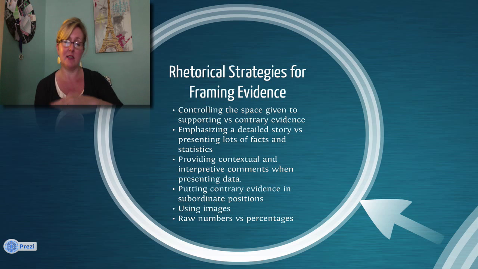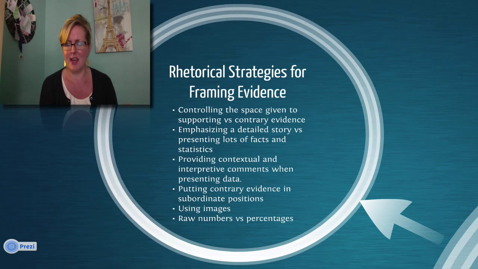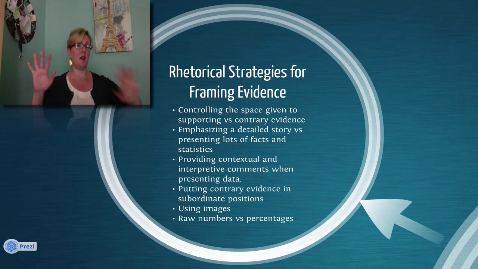It's got to be there because it shows that you are an open-minded and responsible writer, but you don't want to give it too much real estate in your paper necessarily, and that's a rhetorical strategy. Or you might want to give it more space. It depends on the resistance of your audience and the purpose.